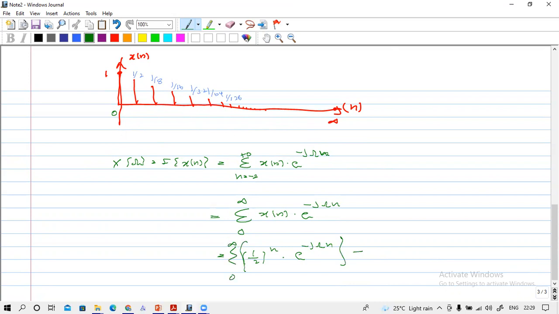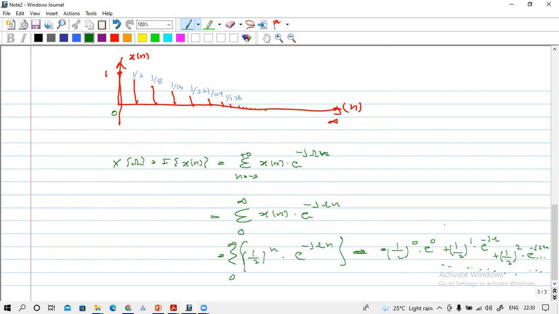So you can write some terms here like this: (1/2)^0 e^0 plus (1/2)^1 e^(jω) plus (1/2)^2 e^(-j2ω), and so on. You can write the terms up to infinity.